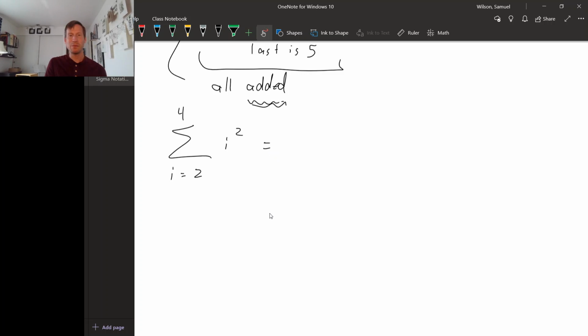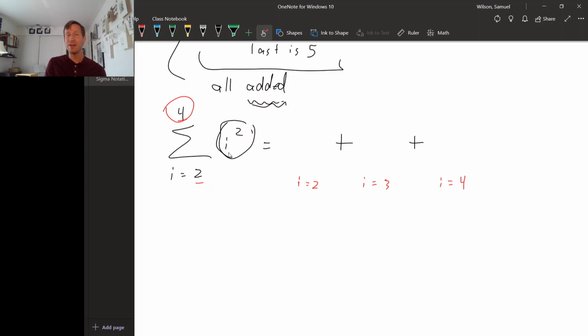Remember, we get one term for every value of i, starting at 2 up to 4. There's going to be an i equals 2 term, an i equals 3 term, and an i equals 4 term. Then it stops because 4 is the last one. All of these terms are added up, and to write out each term, we just use this pattern right here.